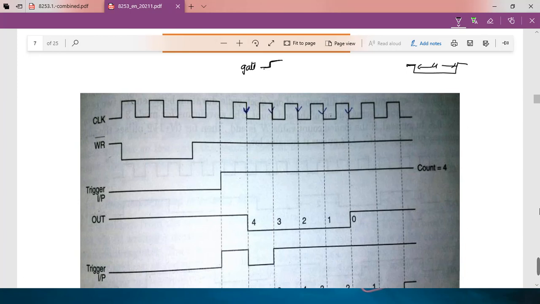So when we apply the trigger, on the first negative clock pulse the output goes to low and counting starts: it decrements from 4 to 3, then 2, 1, and then 0. When it becomes 0, the output goes to high. So we can get a low pulse of any duration, and this duration is decided by the count loaded in the counter register.